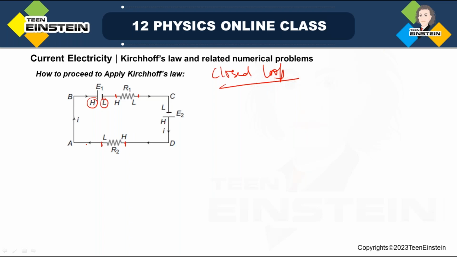Okay, so look, in this case, if I have to see, this is suppose a loop, closed loop A B C D, loop A B C D A. This is the closed loop. And say I suppose go from A to B to C to D, then it is better to give an arrow like this.